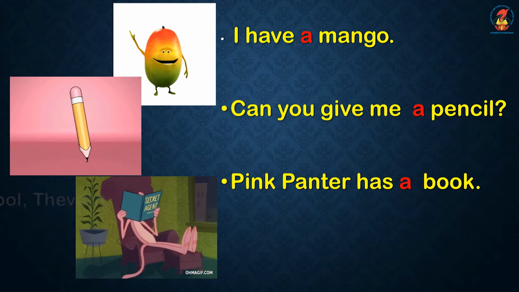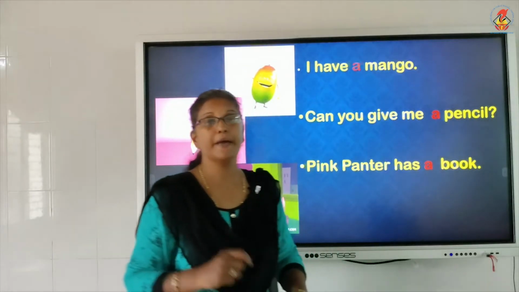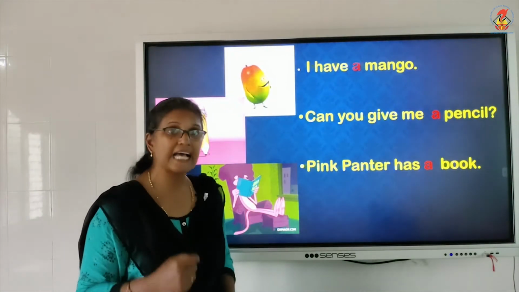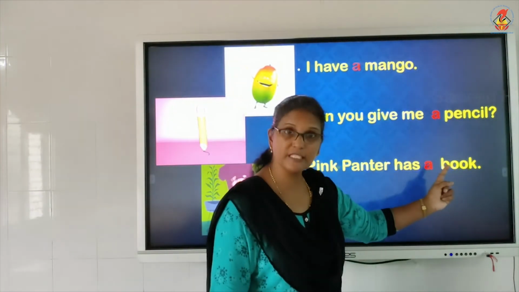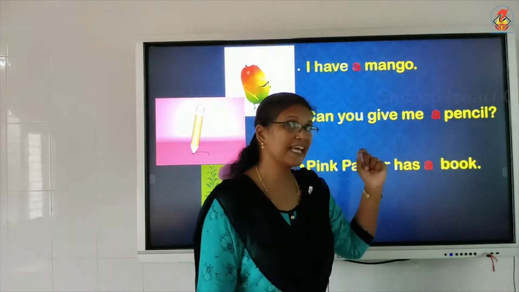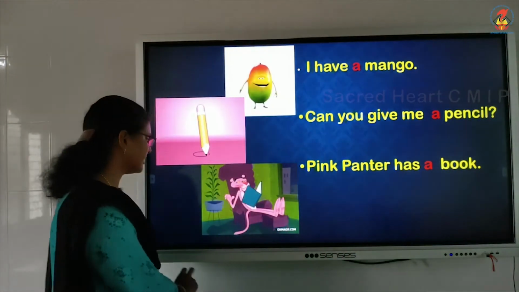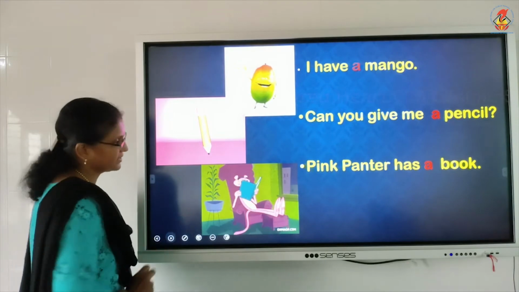Coming to the third example, Pink Panther has a book. Book, B sound. So it's a consonant sound, we are using a. So my little ones, then next we are going to see some examples and do. Please take out worksheet number 51.